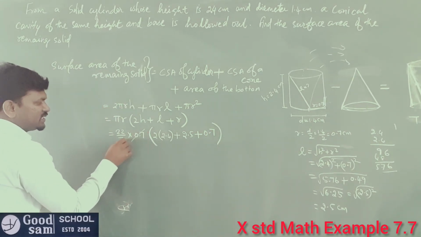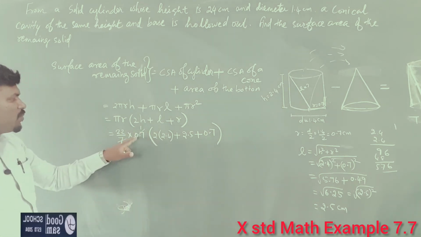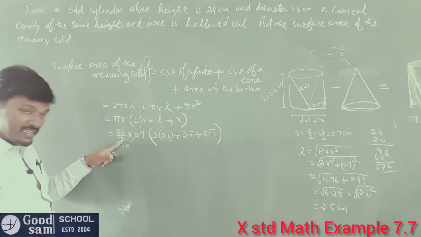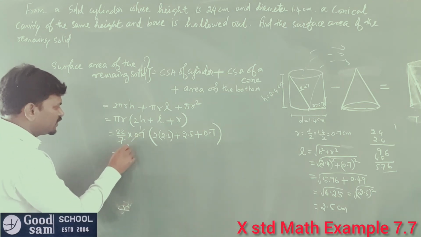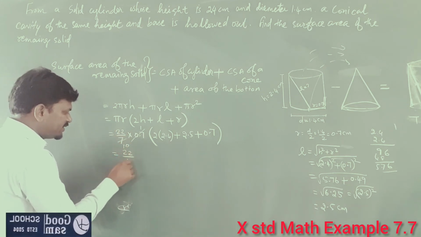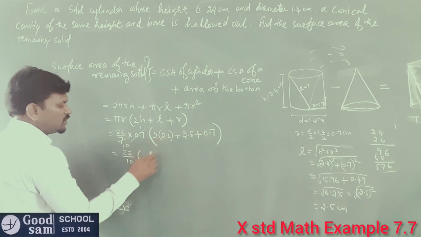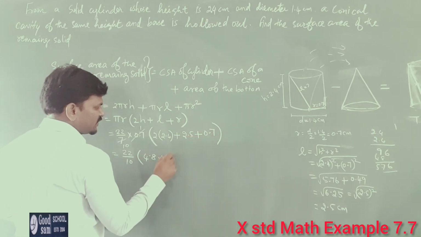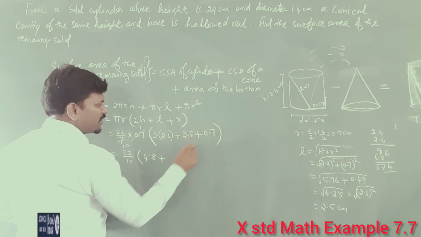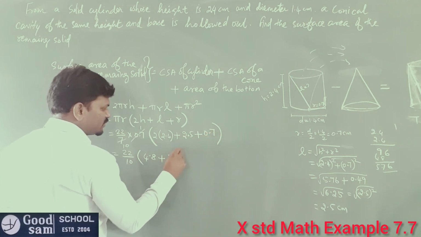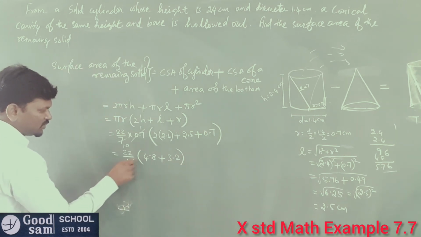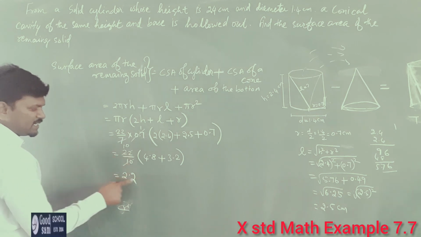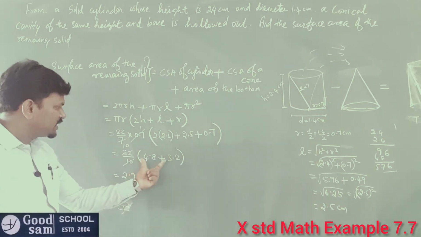So this can be cancelled. 22 by 7 into 0.7 gives 22 by 10, times 4.8 plus 2.5 plus 0.7, which is 8.